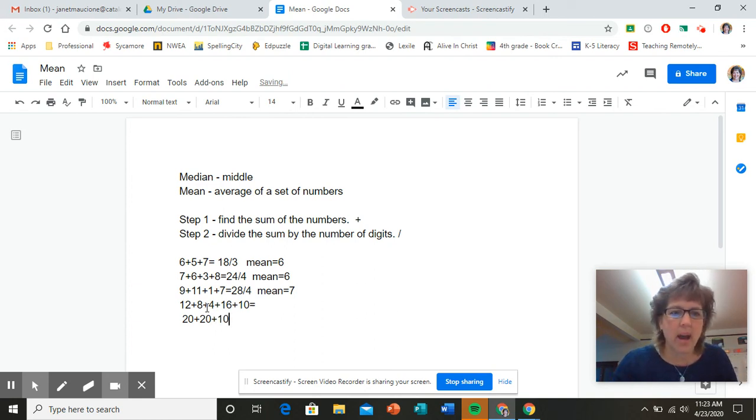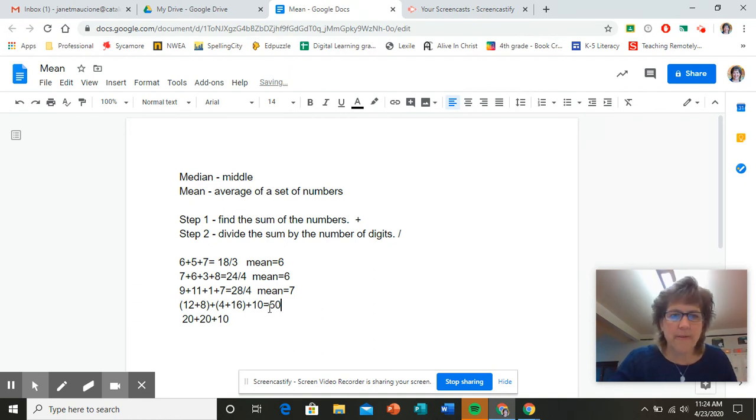See how I broke that up here? I did this one and this one together, and then this one and this one together, in order to add those bigger numbers. And of course, you can line them up all on a piece of paper. So 20 plus 20 is 40, plus 10 is 50.